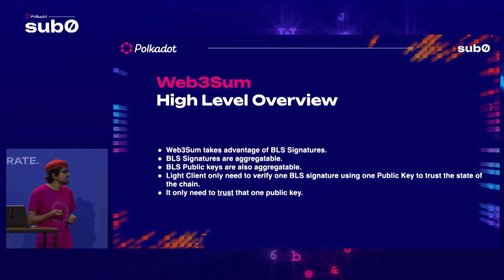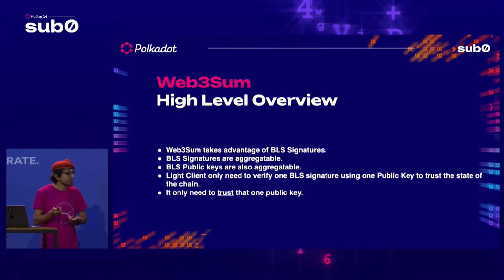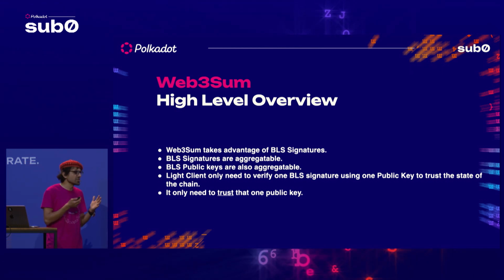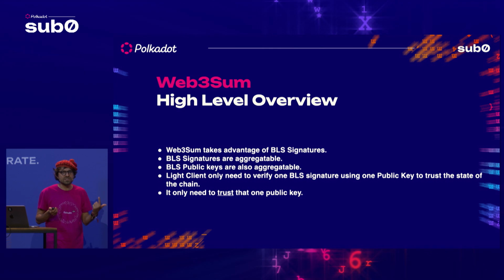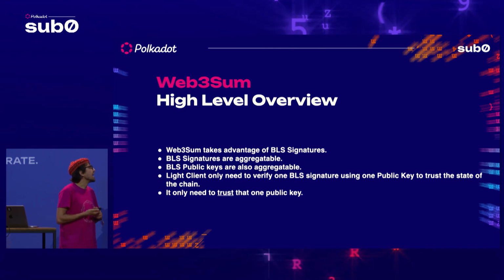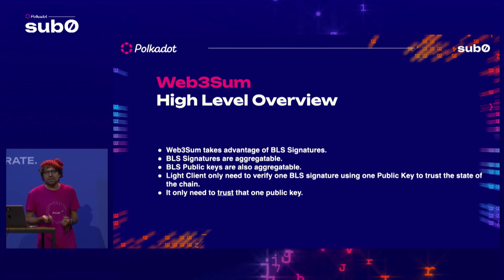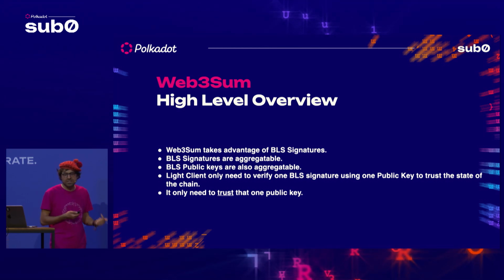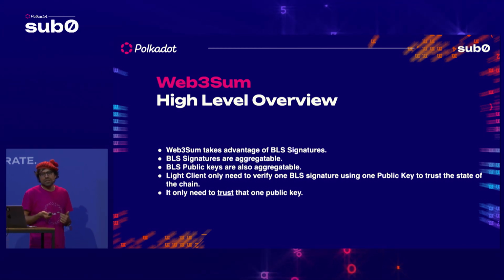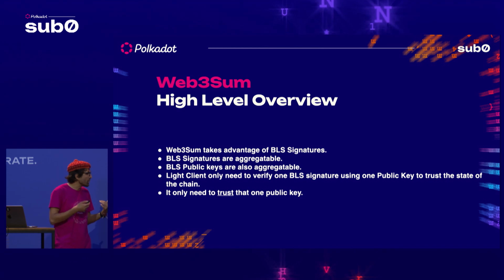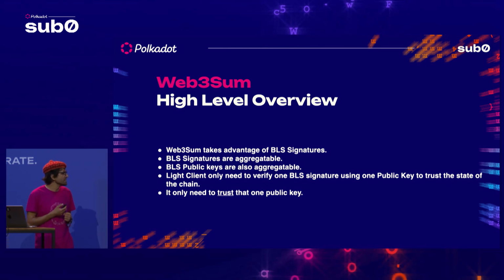This has been known, and Ethereum used BLS because of that. The signature can be aggregated and become only one signature. And this one signature can be verified with one aggregated public key. So if you have the aggregated public key and aggregate signature, then you can easily verify them.